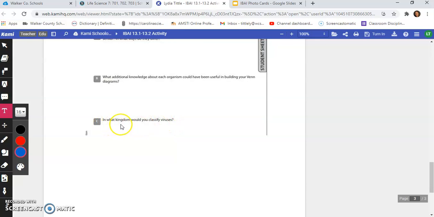And this question is a little tricky because viruses are actually not in any kingdom. They are actually not considered to be living things. So when you answer letter C, you need to do a little research and find out why viruses are not in any of those kingdoms. What makes them not a living thing?